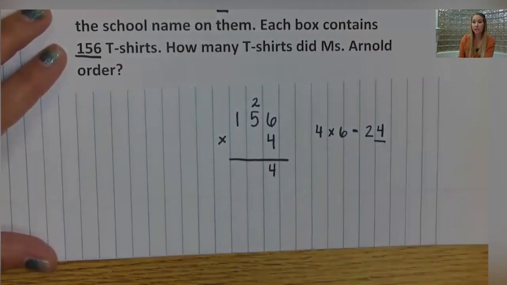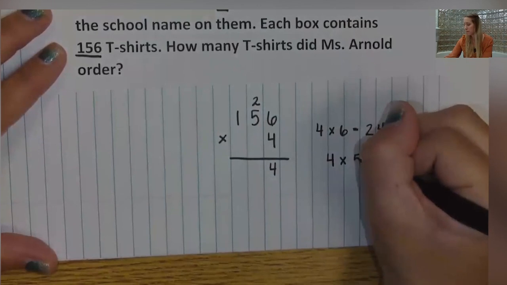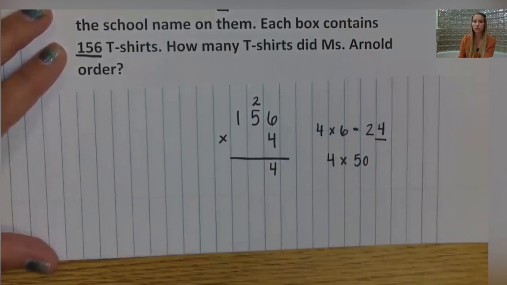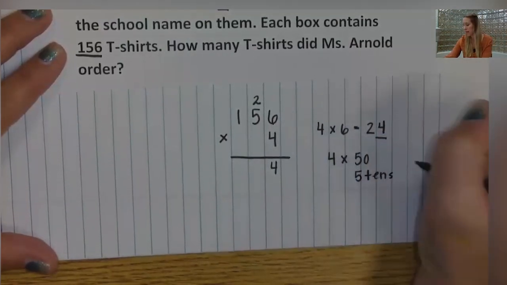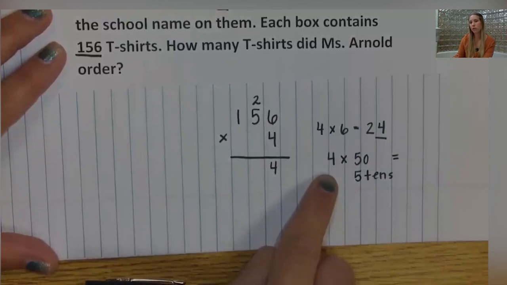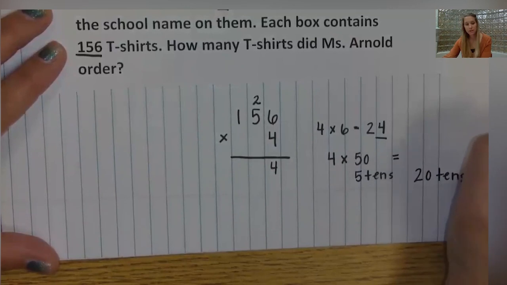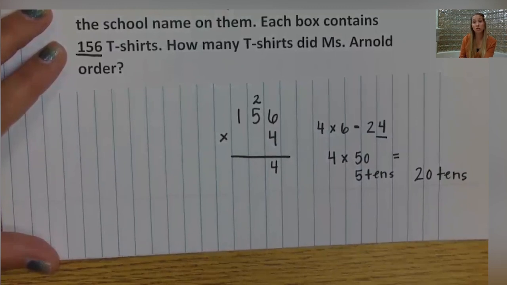Now I need to multiply the 4 by the tens place. So if I have 4 times 50, or 5 tens, what is 4 times 50, or 5 tens? 5 tens times 4 would be 20 tens. How much is 20 tens worth? 200.